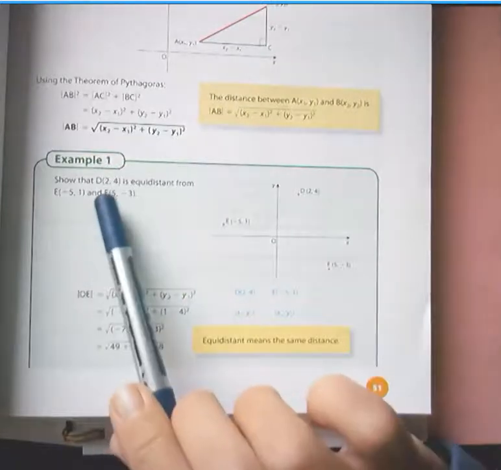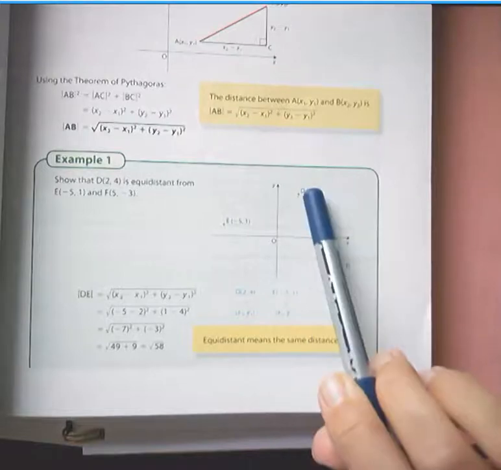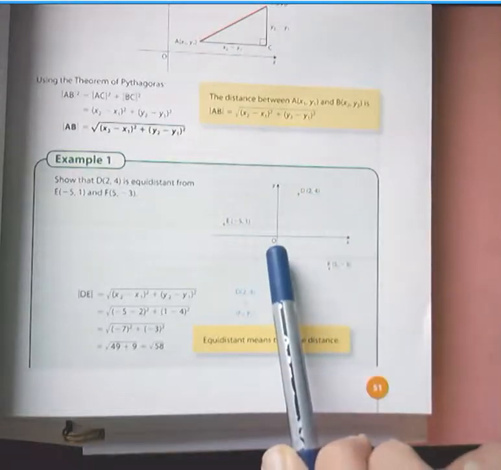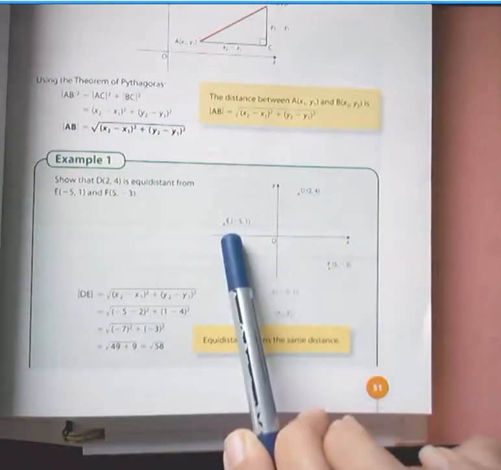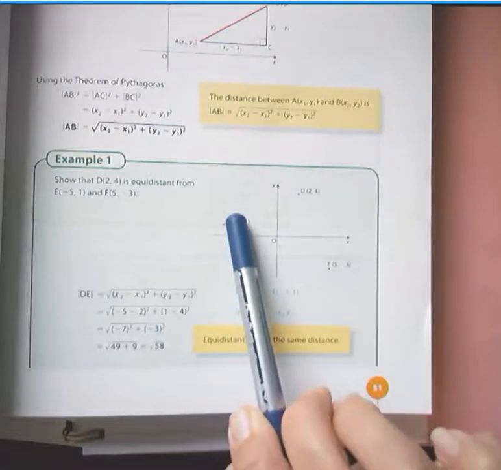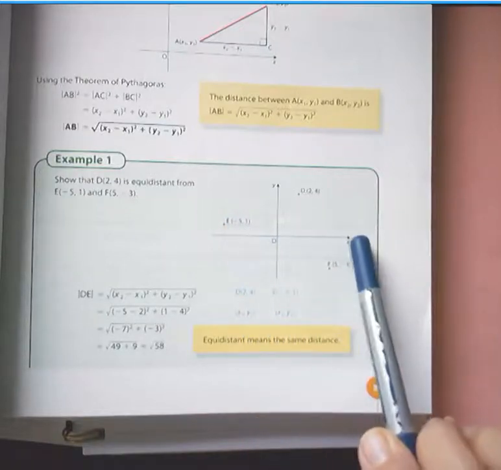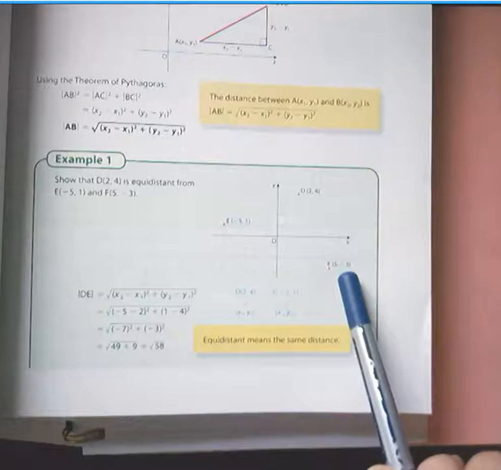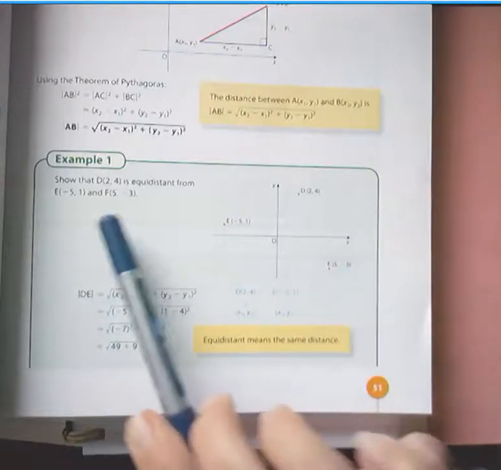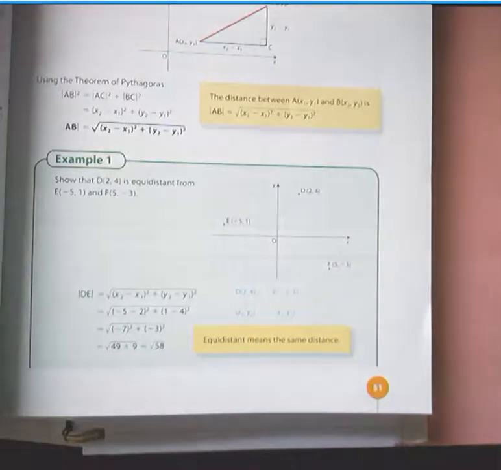So your D was 2, 4, so you would have gone out 2 for your x value and up 4, and this would be your D. For your E, you went out minus 5, so you went back this way minus 5, and you went up 1. And for your F, you went out 5 because it was positive, and then down 3 because it was a negative 3. You want to show that it's equidistant, so you're going to get the distance between those points.